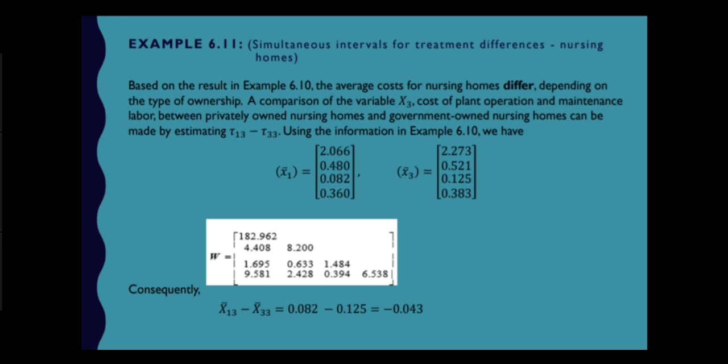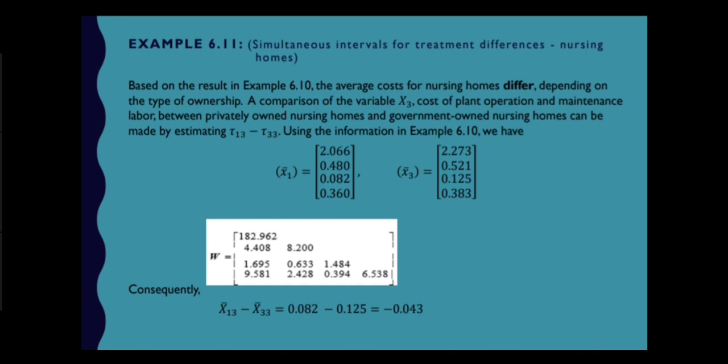Okay, so nak apply the formula of confidence interval tadi, Bonferroni confidence interval punya formula, we need the value of x bar 13 minus x bar 33. Kenapa macam ni? Sebab kita nak compare between two populations. First subscript population pertama, which is the private, and the government, for third variable, which is the variable of plant operation and maintenance. Okay, so you need to find this difference of mean first.